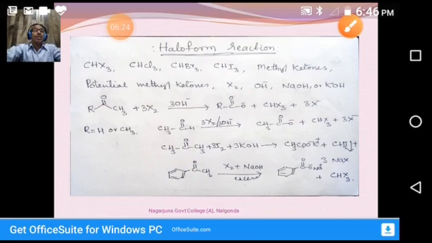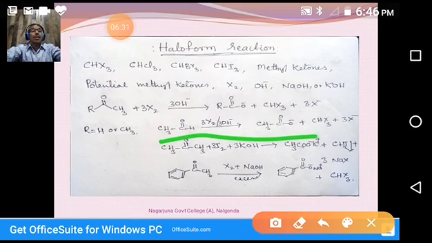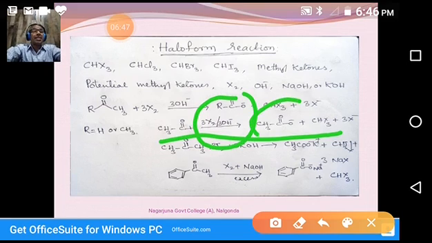Then coming to the second reaction. You see this one, ethanol, with the halogen and base in excess quantity, it gives acetate and haloform.